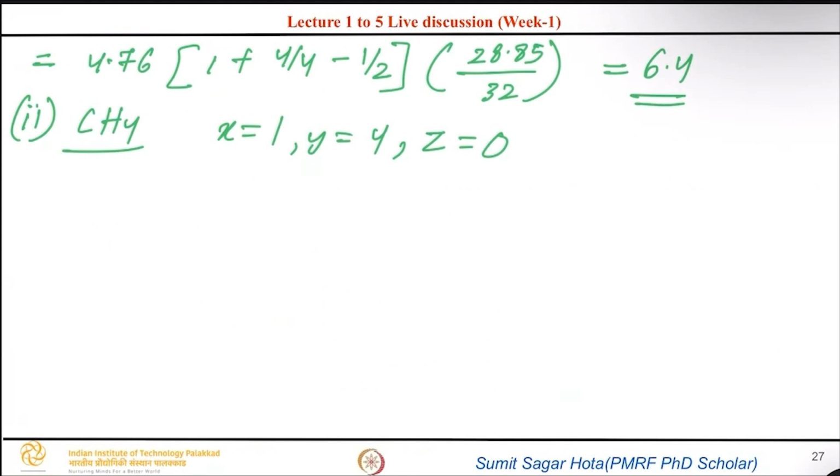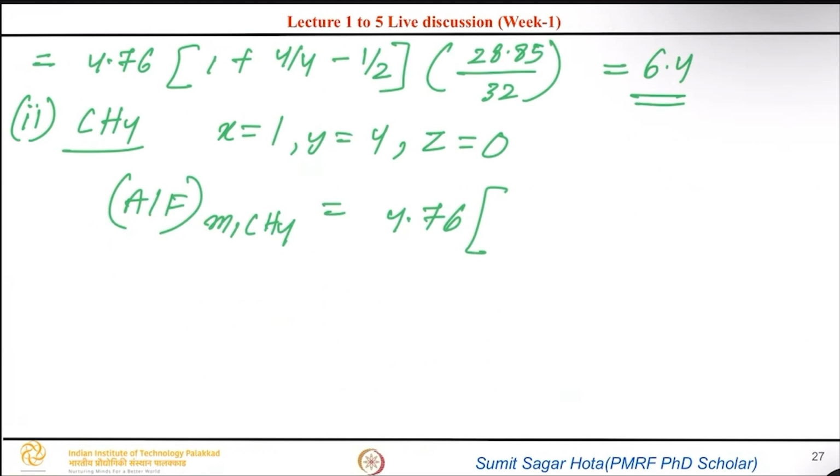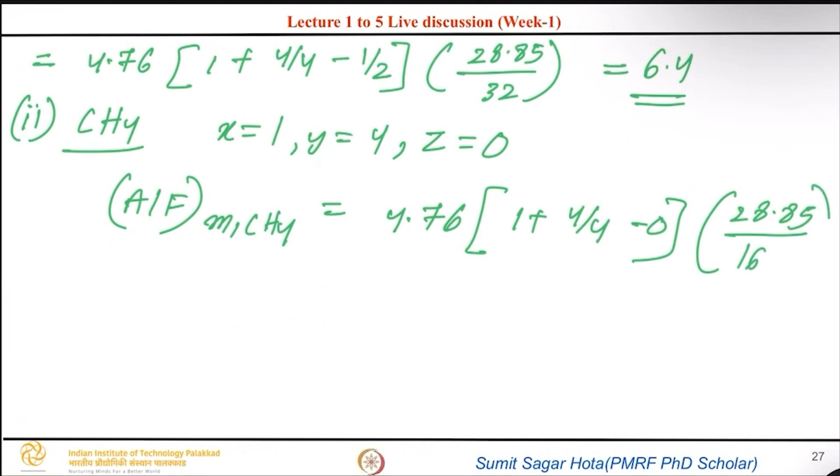Because there are no oxygen atoms here. So 1 plus 4 by 4 minus 0, into 28.85 divided by the molecular weight of CH4, which is 16. This value comes out to be 17.2.